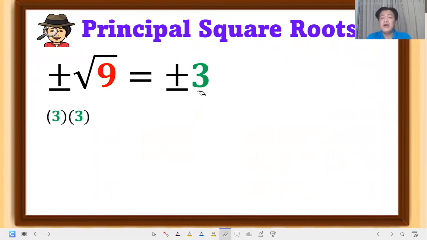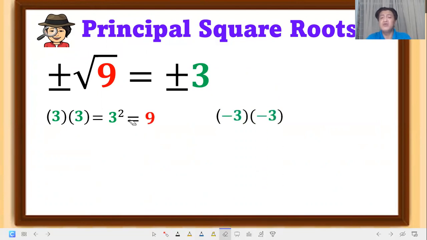Okay, so kapag pinakita natin yan, bakit positive 9 yung ating radicand, di ba? Yung radicand natin, yung nasa loob ni radical symbol. So meaning to say, laging dalawa ang kanyang square root. Isang negative at isang positive. Ipapakita natin ngayon, di ba, kapag minultiply natin yung 3 times 3, or you can write as 3 square, that is equal to 9.